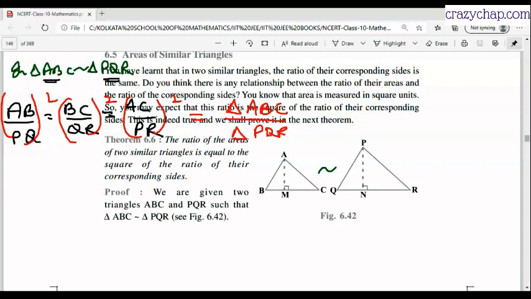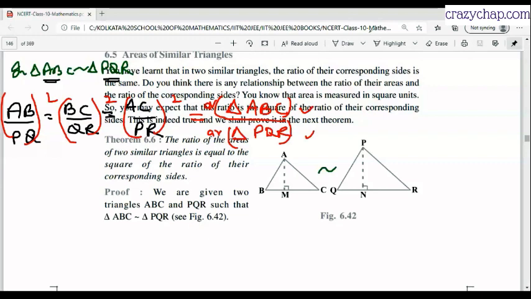Is that good? AR means area. So again repeating, if two triangles are similar, then their corresponding side ratios squared will be equal to the ratio of their areas. Correct?